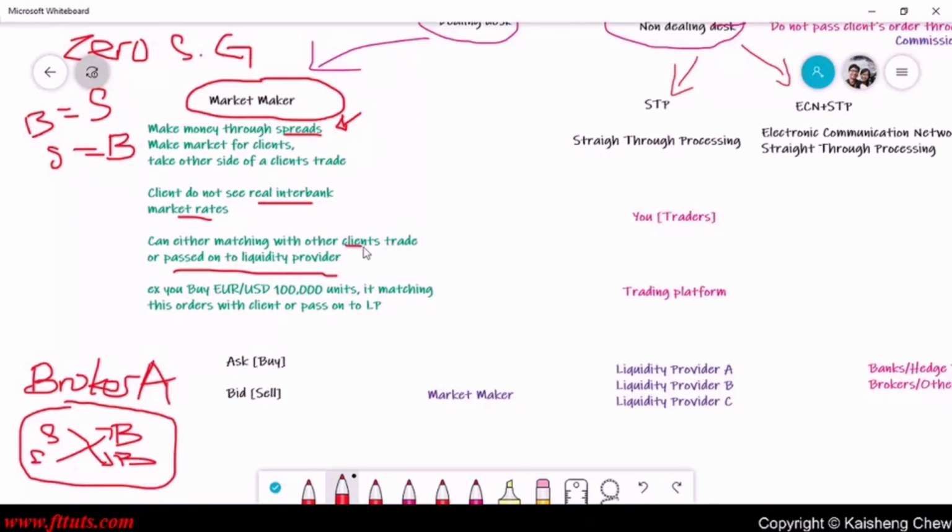So if they are unable to fulfill your trade between their clients, let's say you want to buy EUR/USD, right? There's one lot, which is 100,000 units. So you're matching this order with another client, or passing it to the liquidity provider.